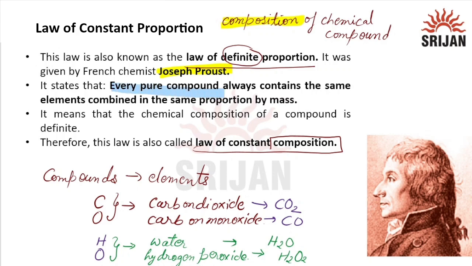So, every pure compound always contains the same elements. Just now we have seen if elements are changed, then the formed compound is also changed, combined in the same proportion by mass. Because if the proportion is changed, another compound is formed. It means that the chemical composition of a compound is definite.